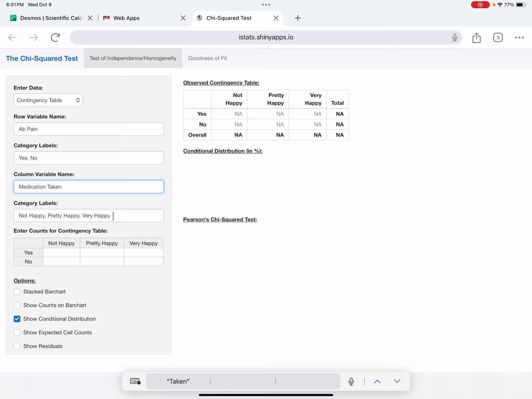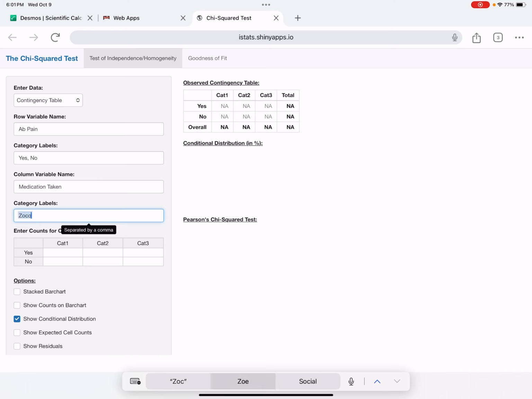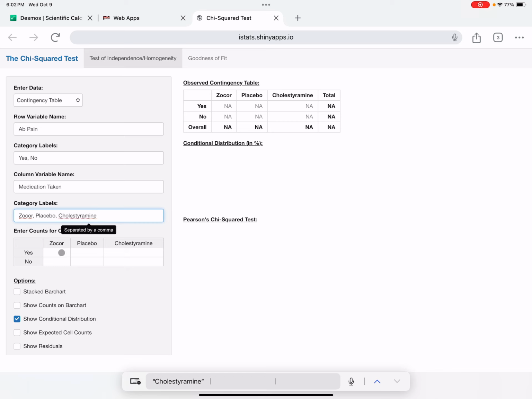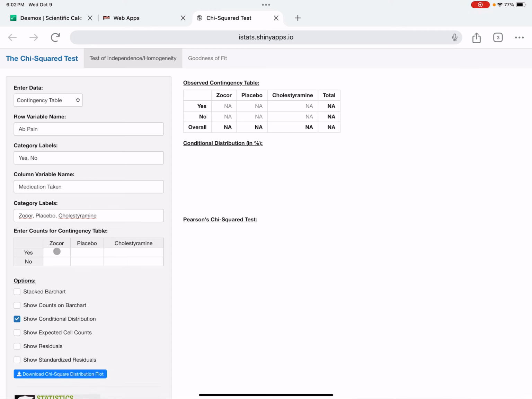And the possibilities were Zocor, placebo, and cholestyramine. Okay. And then once you have all those things filled out, then you can enter the counts into the contingency table.